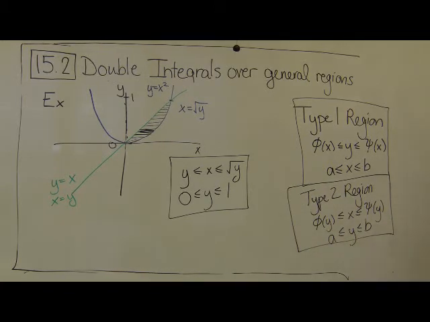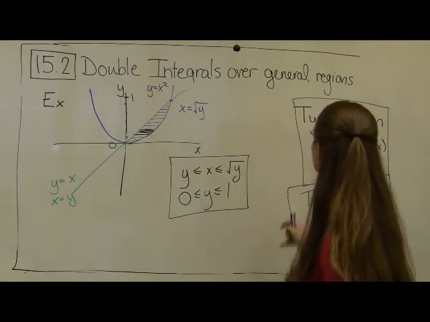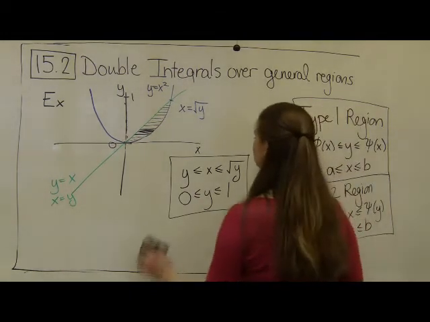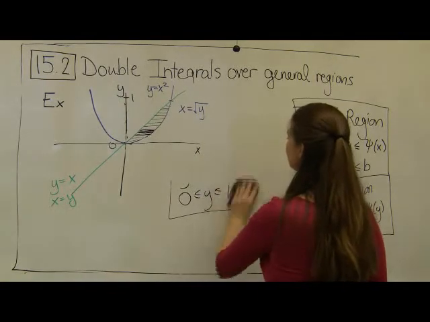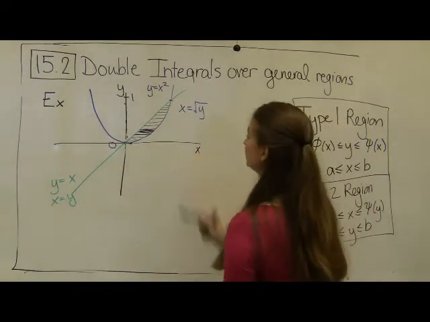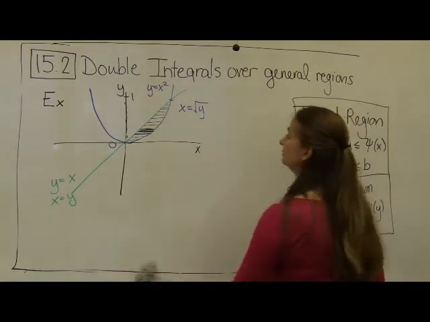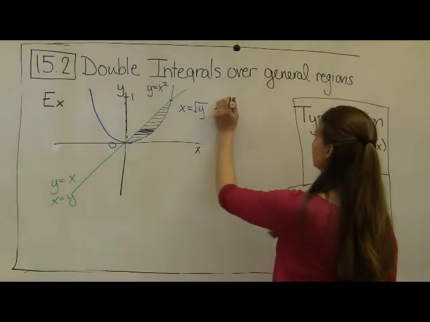And my final definition is that a type 3 region is a region that is both type 1 and type 2. So this is an example actually of a type 3 region, because it's one that is both a type 1 region. We saw an equation for it as a type 1 region, and we also have it as a type 2 region, because this was an example of it as a type 2 region.